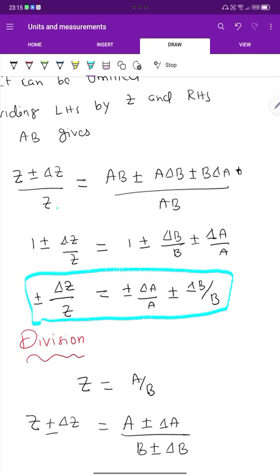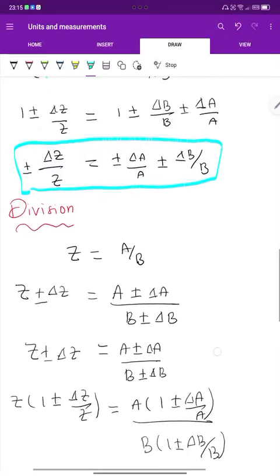That is, when we multiply A and B, the relative error in the resultant quantity Z is equal to the simple arithmetic sum of the relative errors of the individual quantities. And the same is the case for division.